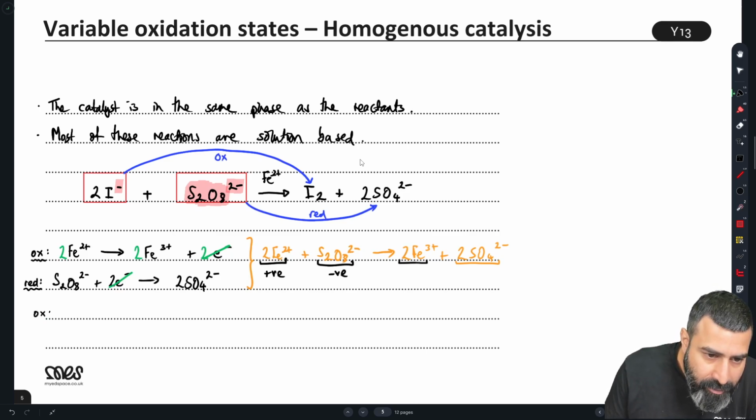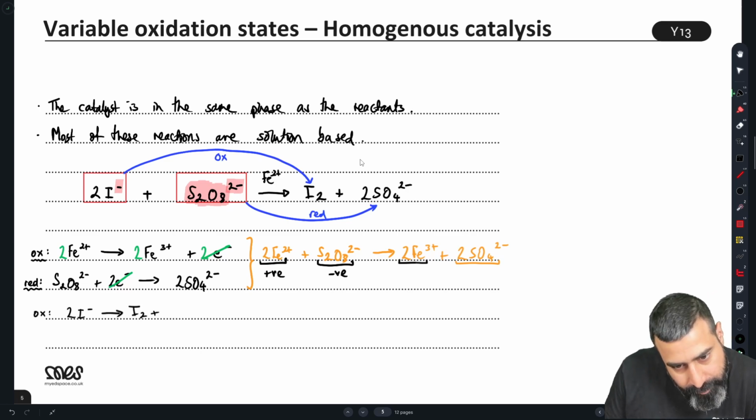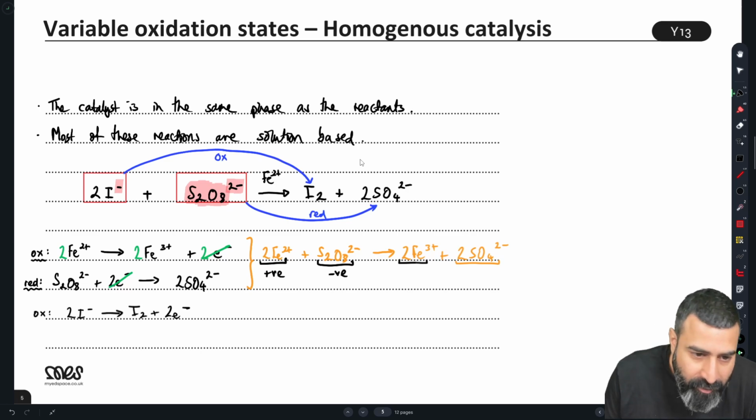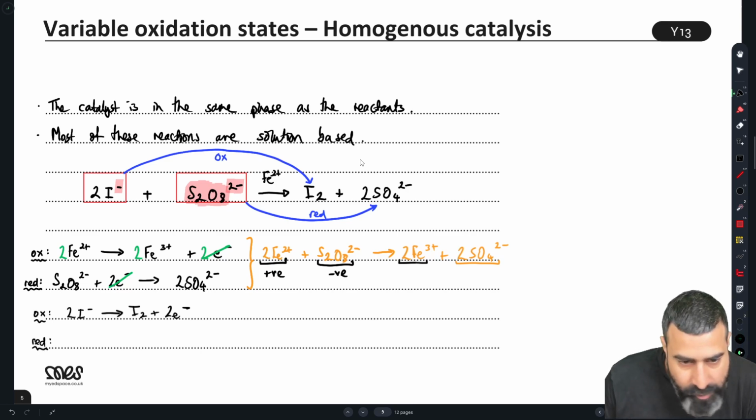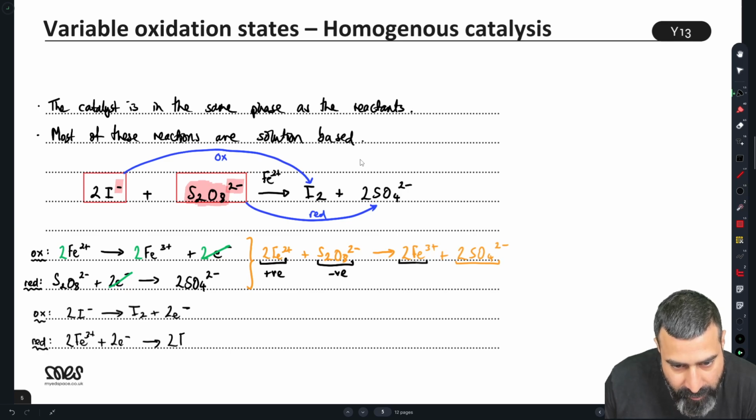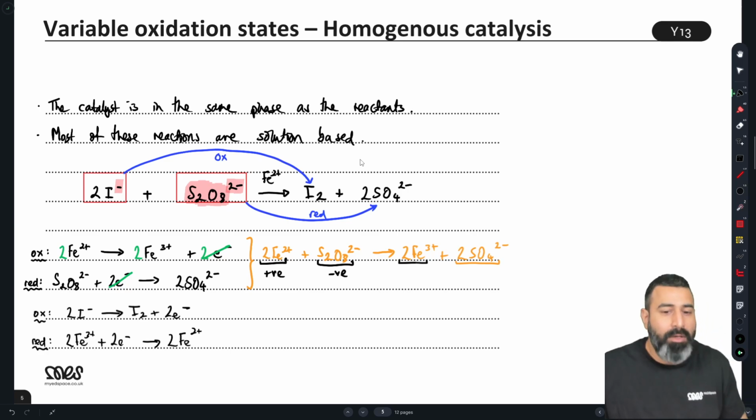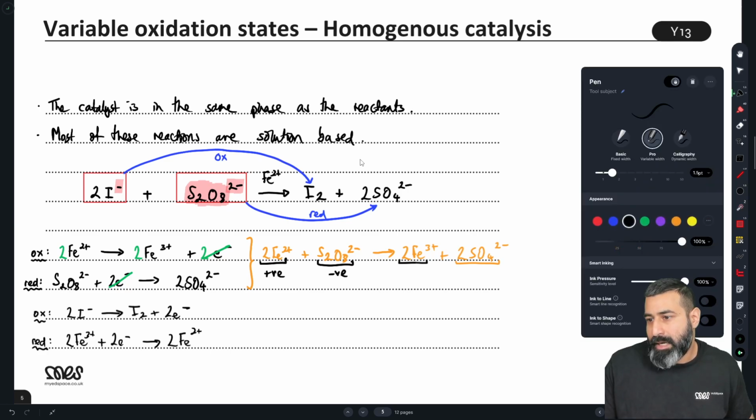So then what we do is we write our oxidation reaction for my iodide. So my 2I- goes to I2 plus 2 electrons, and then I write the reduction for my catalyst. So my 2 Fe3+ gains 2 electrons to form 2 lots of Fe2+. Okay, and then I add these guys up.